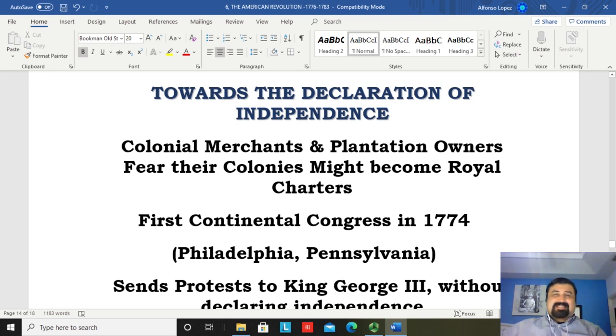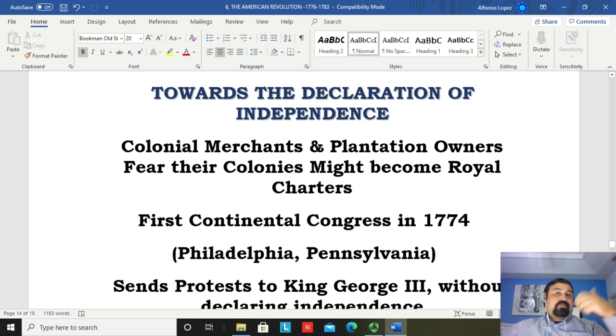because they fear that what happened to Massachusetts can indeed happen to all of the other colonies as well, that those colonies can simply become royal charters, and that their property domains, if you're a plantation owner, can be seized if you're not loyal, of course.